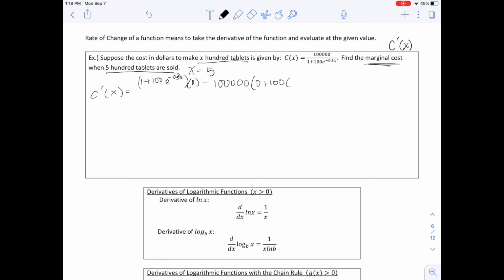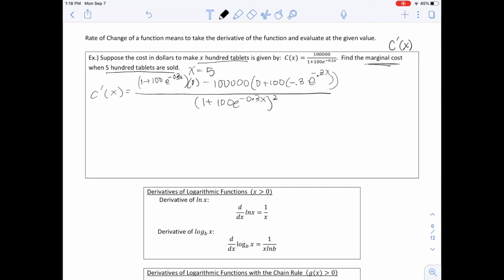times the derivative of e to the negative 0.3x, which is going to be negative 0.3 e to the negative 0.3x. And then this is all divided by our denominator squared. So from here we can clean this up a little bit.